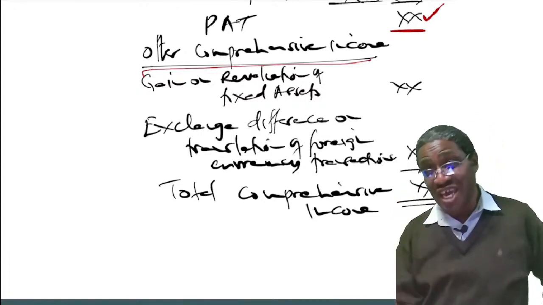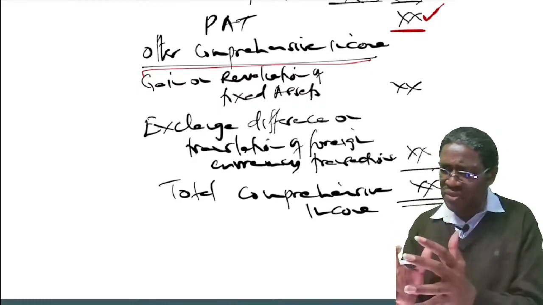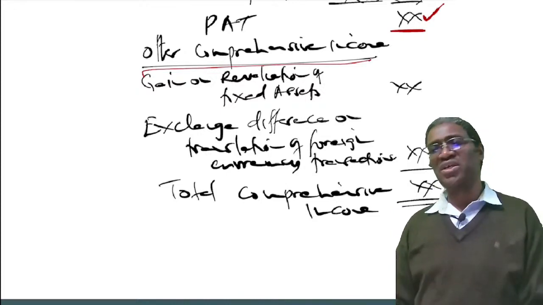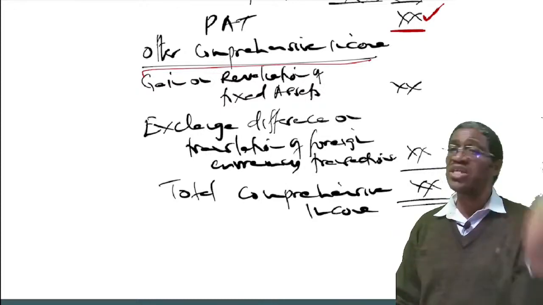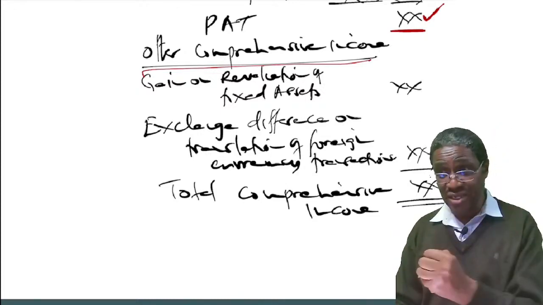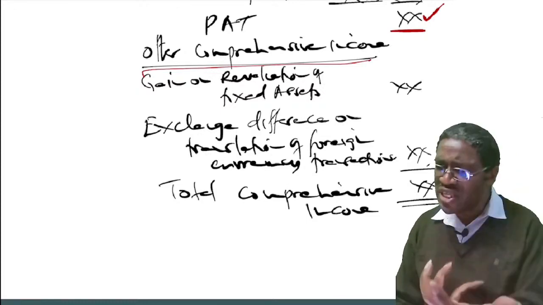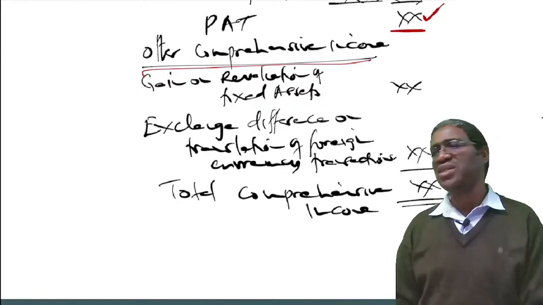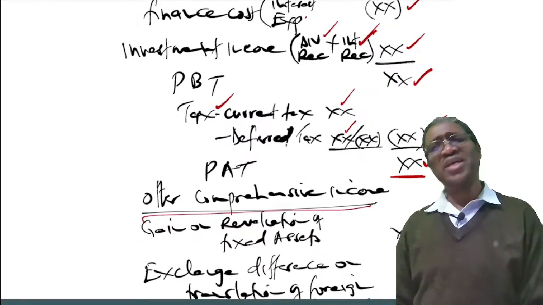You have made a gain, but the rule for that gain does not say take it to the profit and loss. The rule says you take it elsewhere, but not to the P&L. But is it a gain? Yes. The only thing is that the rule of that gain says I should not take it to the P&L account. So I could not show it above there in the income statement.